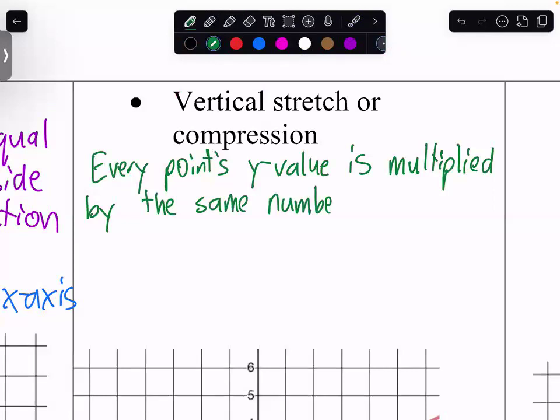That number is called the scale factor. Actually, let's just call it the factor for now.